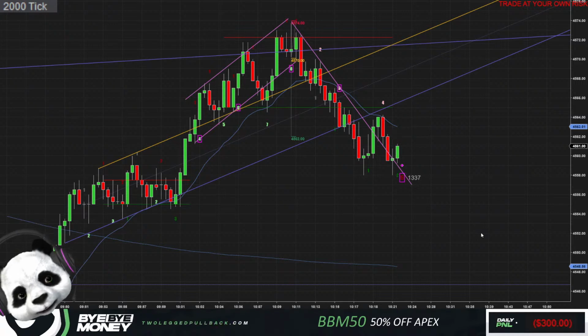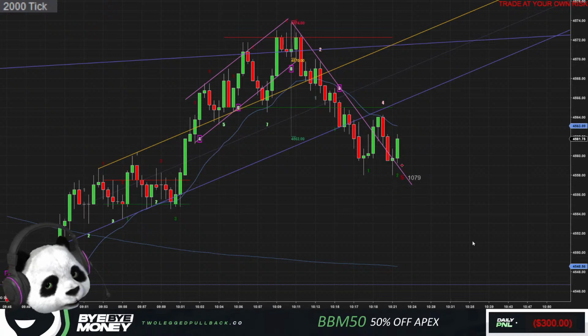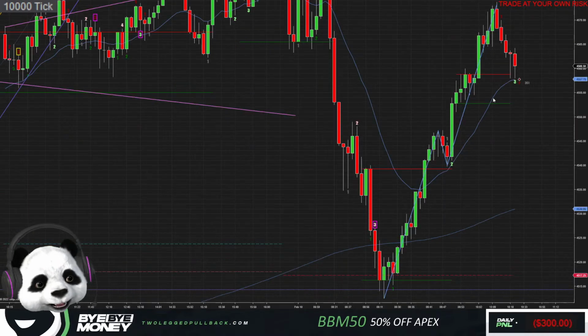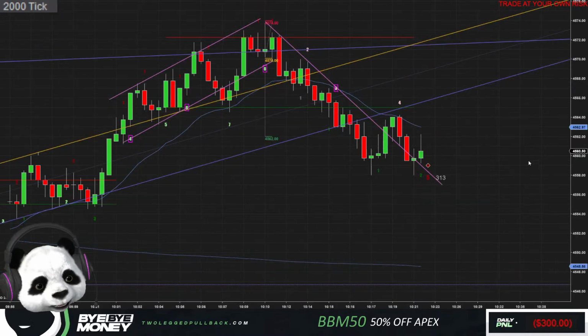Still looking for a new low, and I'm almost tempted to go short here, because typically when this happens, when we break below this low, we actually push pretty strong. The main thing stopping me is the 10K 20 EMA blocking me from wanting to go short here.